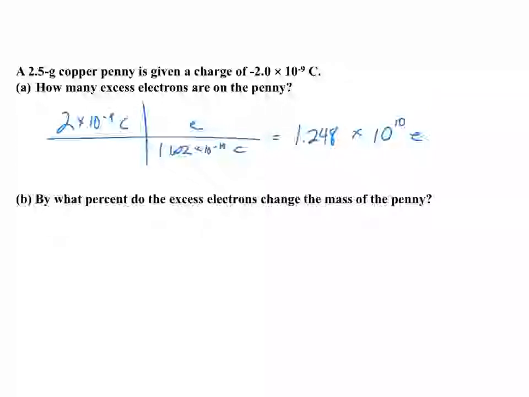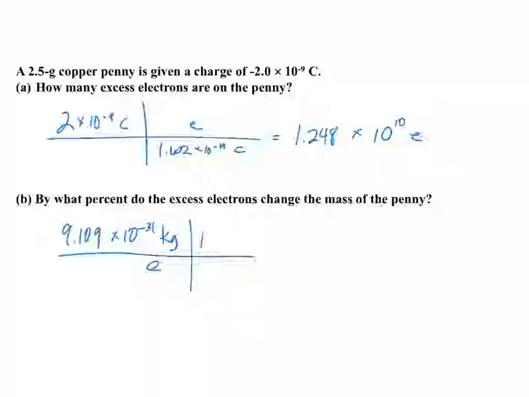Okay. So how would we go about paying attention to that? Well, the mass of an electron is 9.109 times 10 to the minus 31 kilograms per electron.